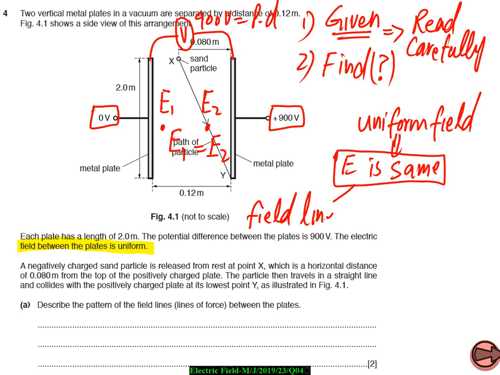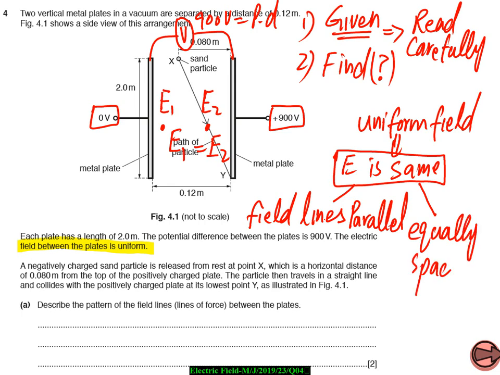The second thing is that they also have to be equally spaced, meaning the space between the lines has to be the same. They have to be equally spaced if the field is a uniform field.